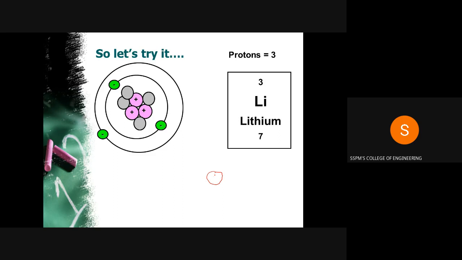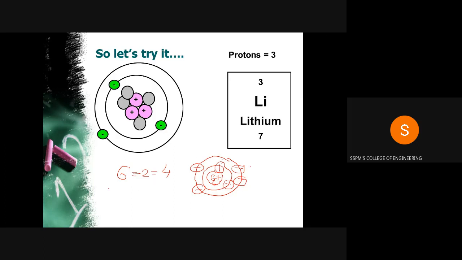Of the total 6 electrons, 6 minus 2 equals 4 remain, and they are placed in the second shell.